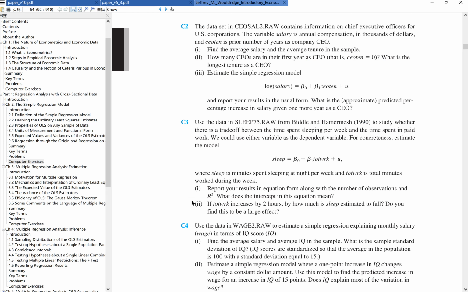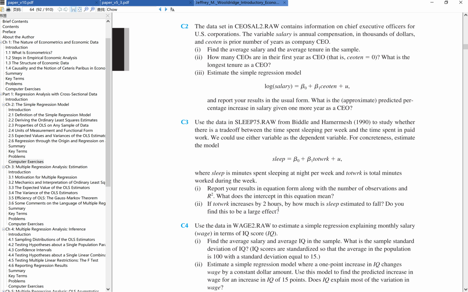And the second question: if work increased by 2 hours, how much is sleep estimated to fall? Do you find this to be a large effect? How to answer these questions?